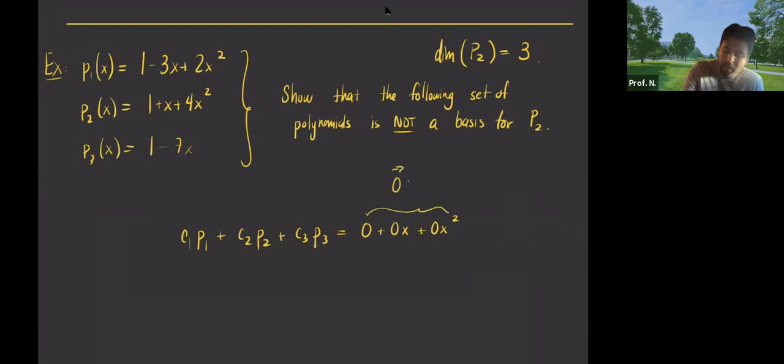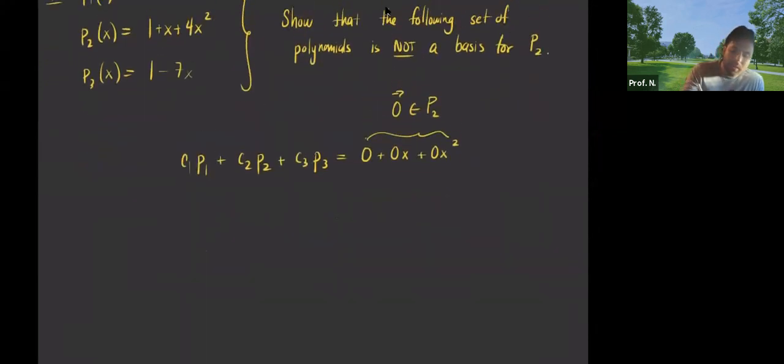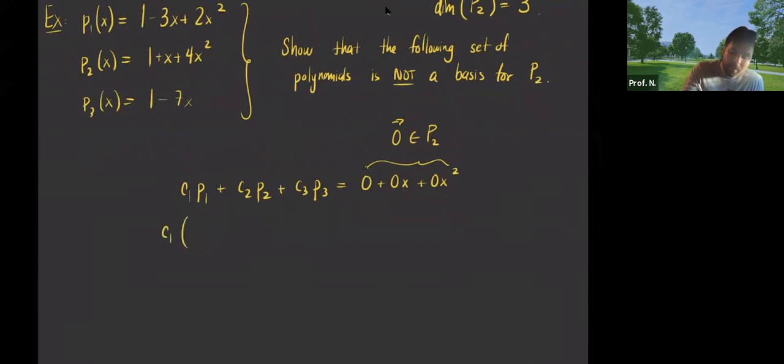This is what the 0 vector is in the world of P2, right? And so then C1 times P1, which is 1 minus 3x plus 2x squared, plus C2 times 1 plus x plus 4x squared, plus C3 times 1 minus 7x equals 0.